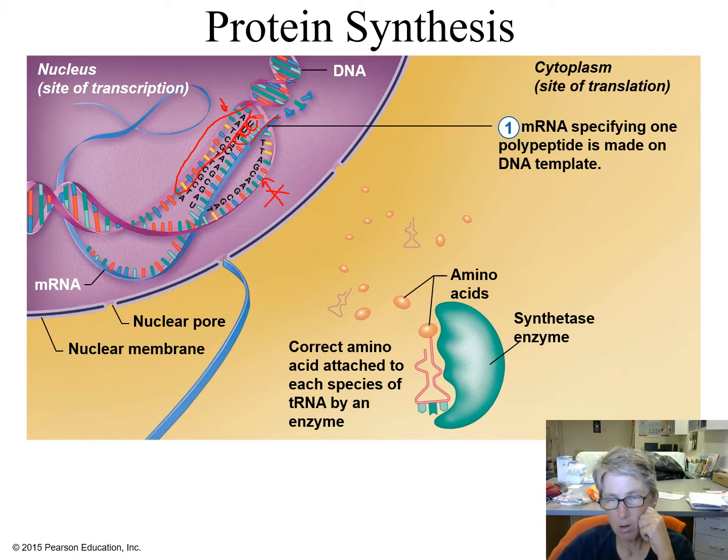And then out here in the cytoplasm, we see this thing called a synthetase enzyme. This synthetase enzyme will take one of these guys, it kind of looks like a bent coat hanger, a transfer RNA, and it will hook a single amino acid on this transfer RNA. And then this transfer RNA has an anticodon sequence.